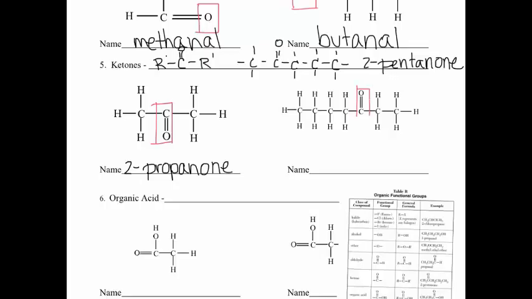Here's our identifier that this is a ketone. It is 1, 2, 3, 4, 5, 6, 7 carbons long, which makes that heptane. But we drop the E and we add ONE, heptanone, and then we have to give the address. If we count it from this side, it'd be on number 5, but from this side, it's 3. So we're going to call that 3-heptanone.